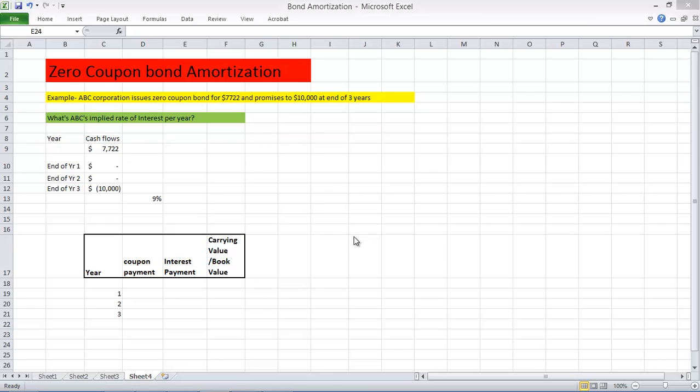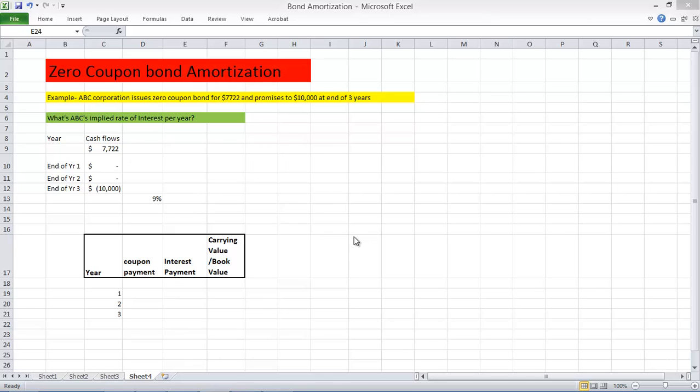I'm going to be explaining effective bond amortization for zero coupon bonds. Let's take a look at this example. ABC Corporation issues a zero coupon bond for $7,722 and promises to pay $10,000 at the end of 3 years.